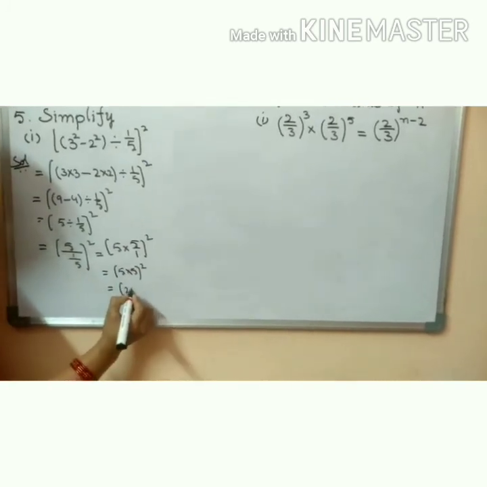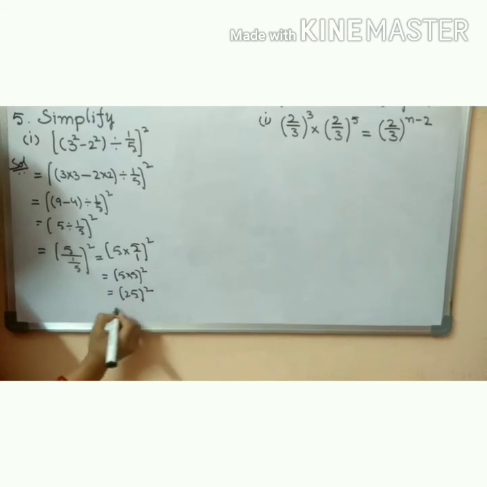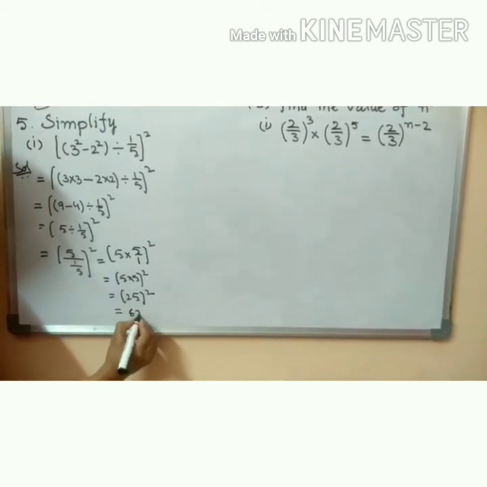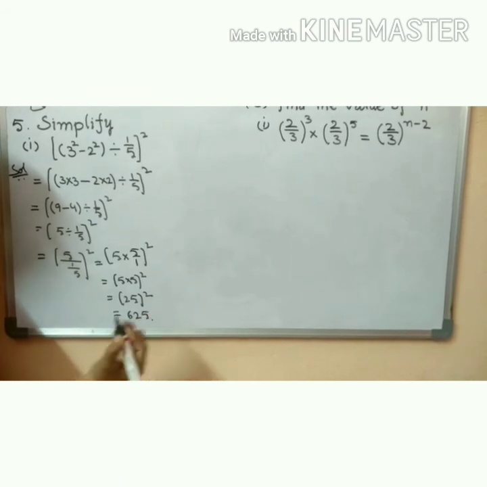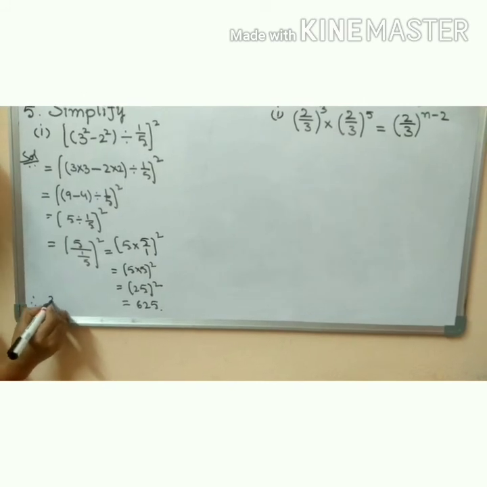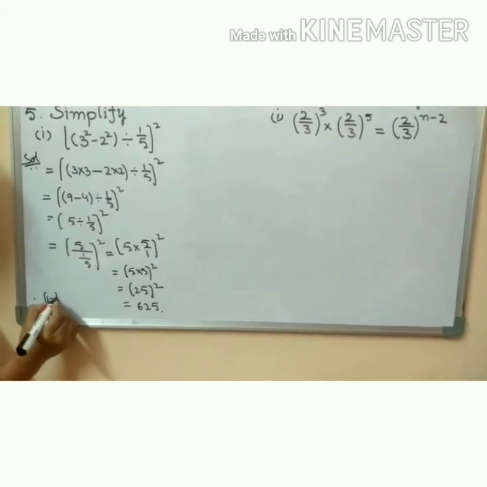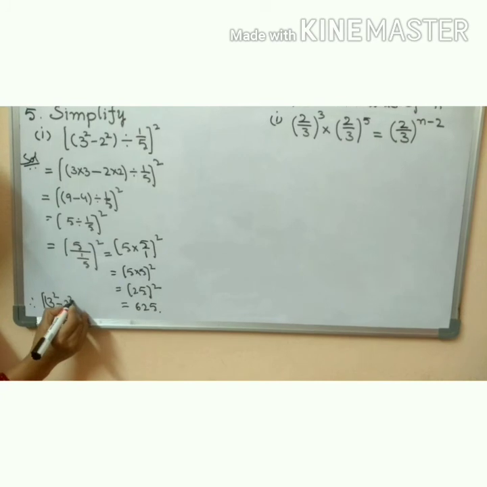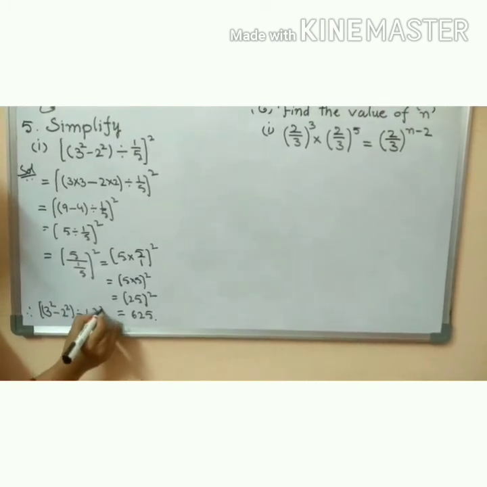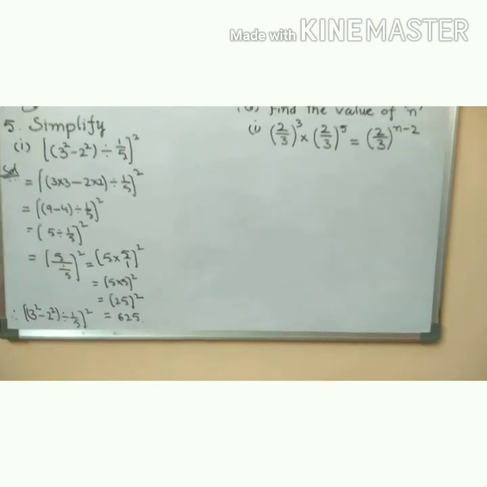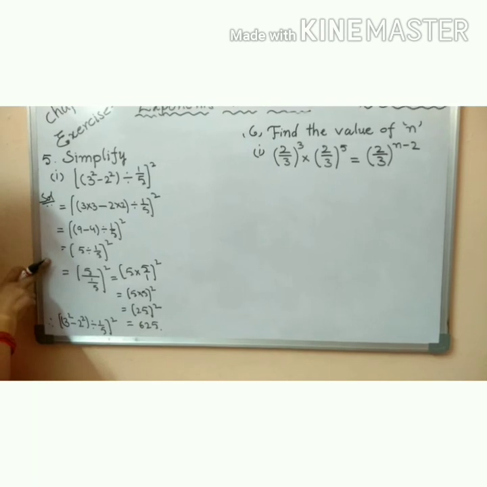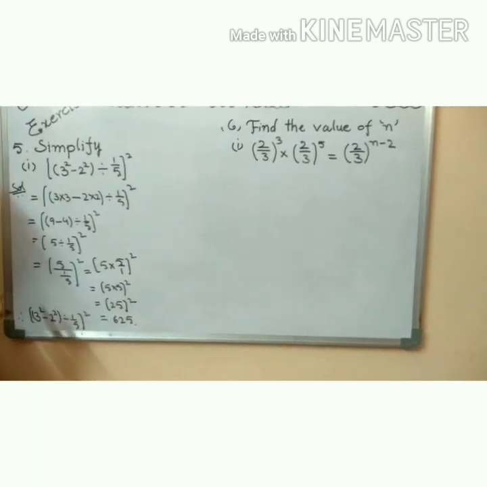So 5 fives are 25, whole square: 25 into 25 is 625. Therefore 3 square minus 2 square divided by (1/5) whole square is equal to 625. This is the 5th Roman, first one. Do the second problem as homework.